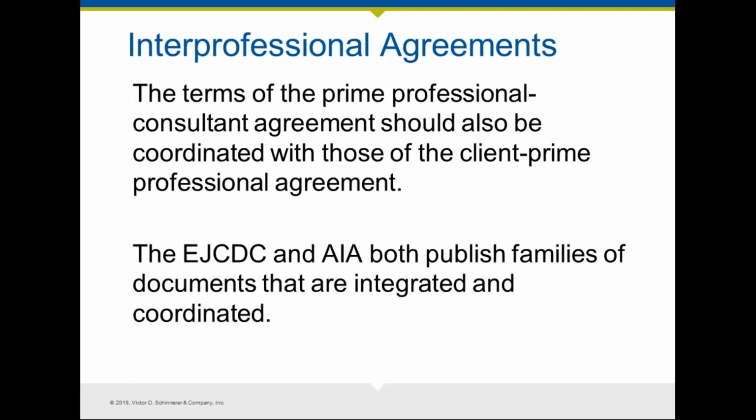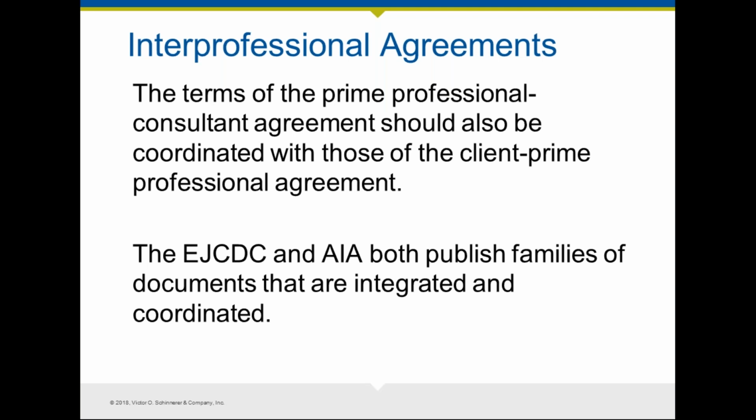So the terms of your prime professional consultant agreement should be coordinated with those of the client prime professional agreement. You do not want to give your sub better terms than what you have with the owner. The benefit of using standard form documents like the EJCDC and AIA documents is that all of these issues are integrated and coordinated fairly well.